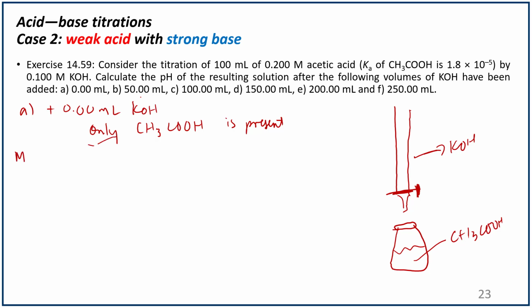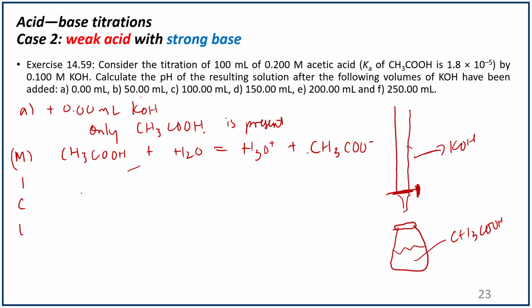So that will be CH3COOH plus water, we're going to yield H3O+ and acetate ions. And ICE. This is an ICE table, so we can actually use molarity.